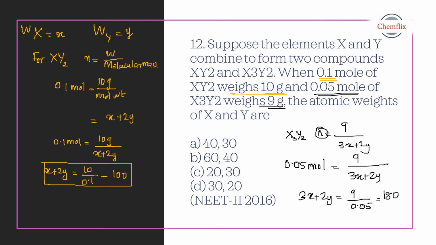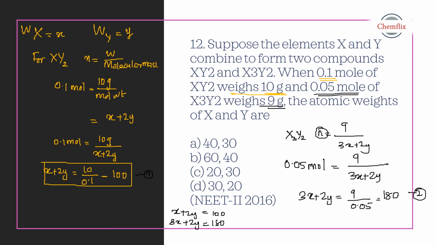On solving equations 1 and 2, we are going to solve x plus 2y and 3x plus 2y. So x plus 2y is equal to 100, and 3x plus 2y is equal to 180.